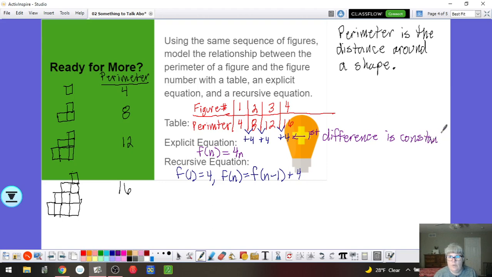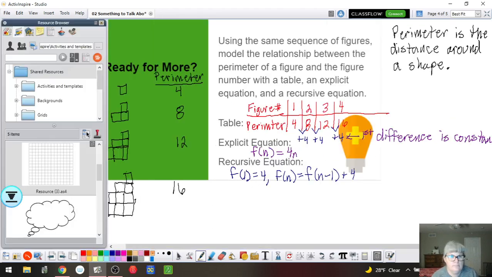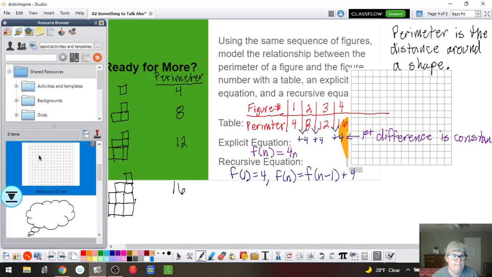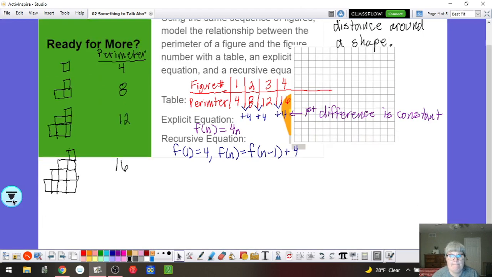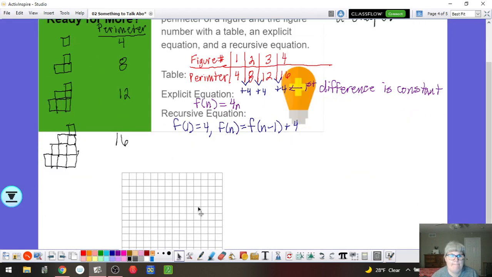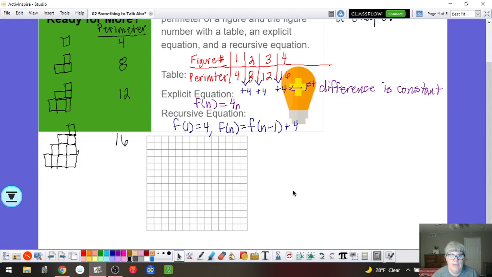So if we look at what a graph of this would look like, I'm going to place the figure number on the bottom, and the perimeter on the side.